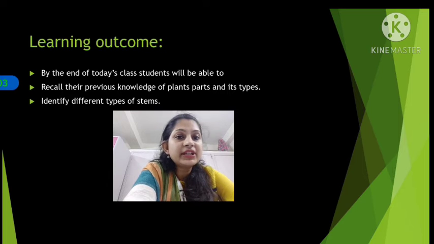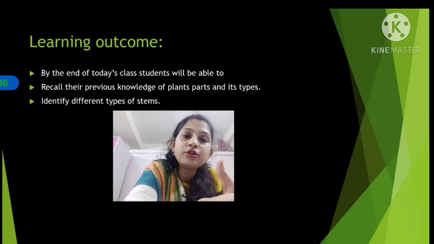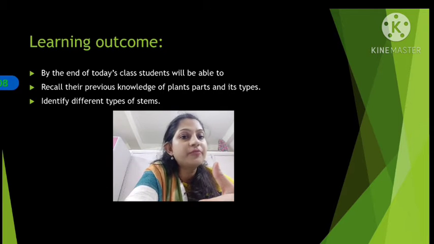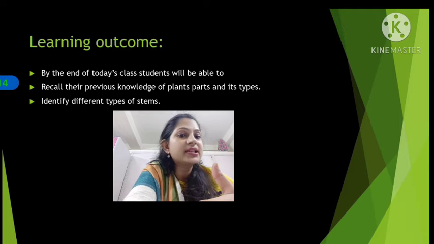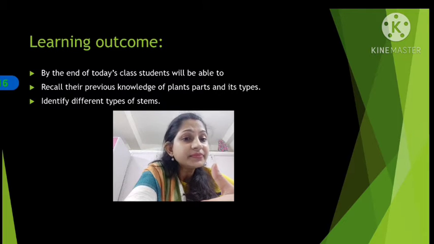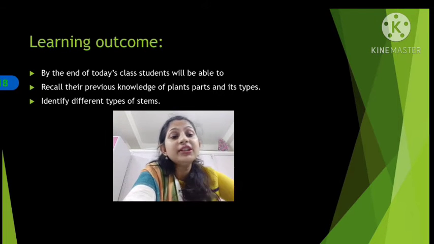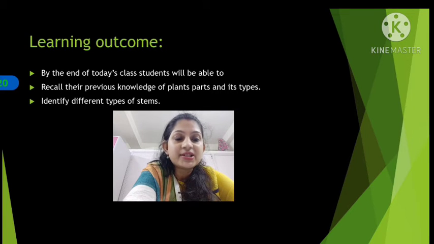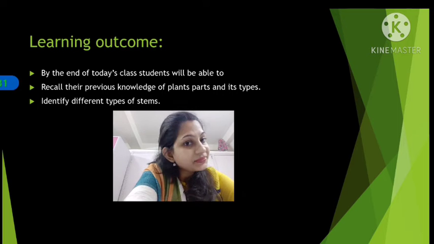By the end of today's class, firstly we will recall all the previous knowledge of plant parts and their types. Okay, that is necessary, isn't it? If we are studying plant parts, we should have all the basic knowledge about the parts of a plant, isn't it? So we will start with that, and later you should be able to identify different types of stem.